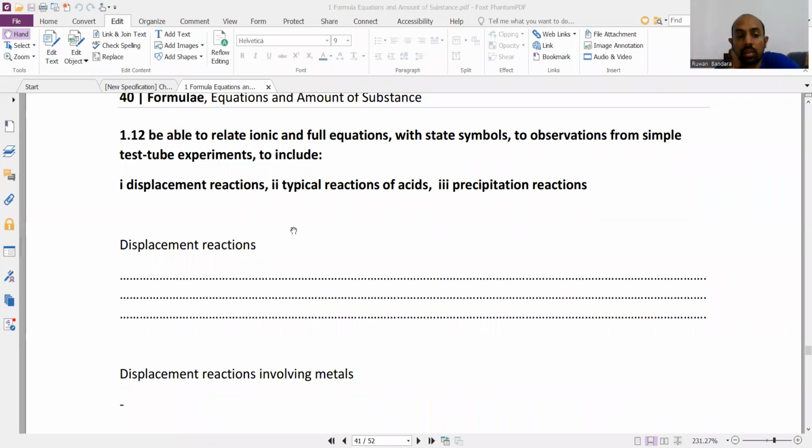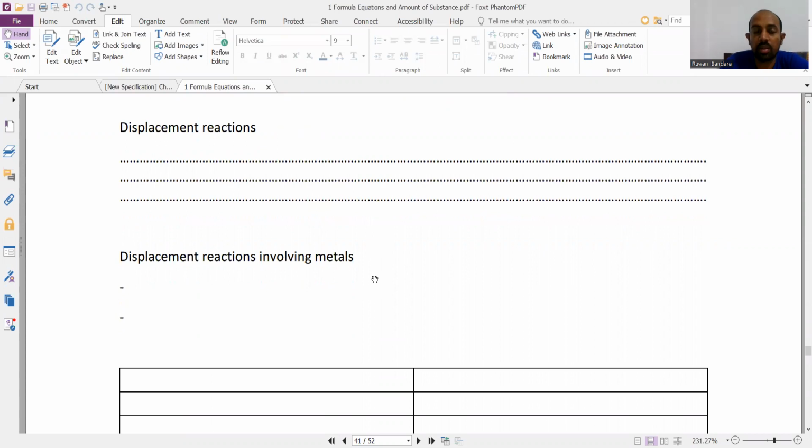Types of reaction, right? The first one, write the topic, types of reactions. Types of reaction, number one, displacement reactions. Right. Displacement reactions.